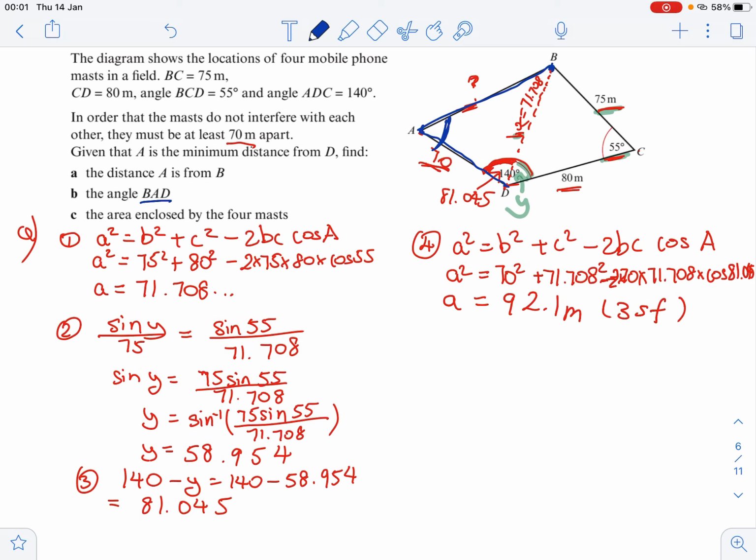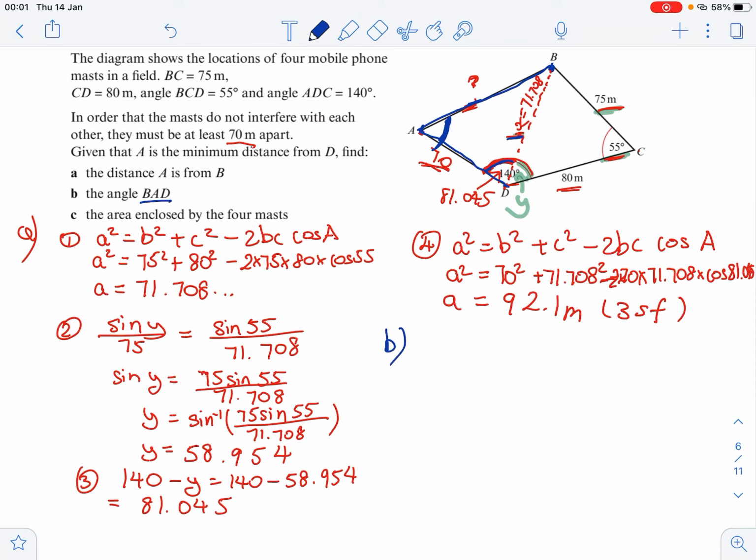To do this, we already know this angle here and this side here, and we know this side here and want to find this angle, so we can use our sine rule.